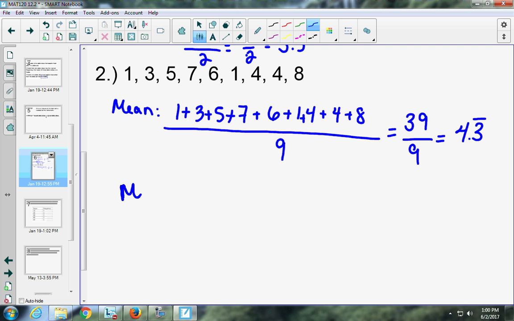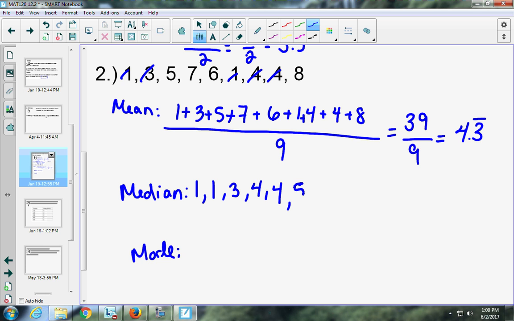If I'm trying to find the median and the mode, I'll kind of do them together this time. For the median, I need to list them from smallest to largest. So I have 1 and 1, 3, 4 and 4, 5, 6, 7, 8.